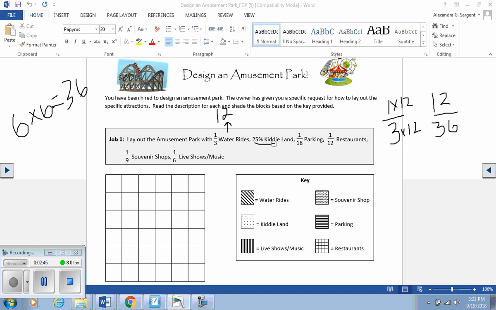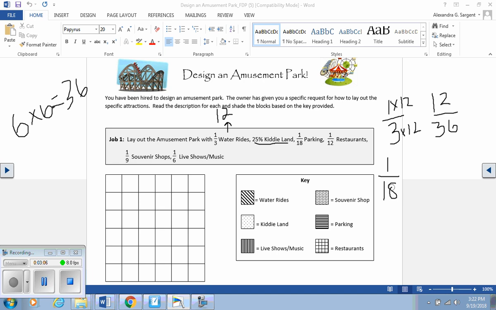Now, if you look at 25% kiddie land, this is a little bit harder to gauge. So if I were you, I would do my fractions first and then come back. In this case, if I do all my fractions, then whatever's left over should be kiddie land. So I'm going to move on to parking, because parking is also a factor of 36.